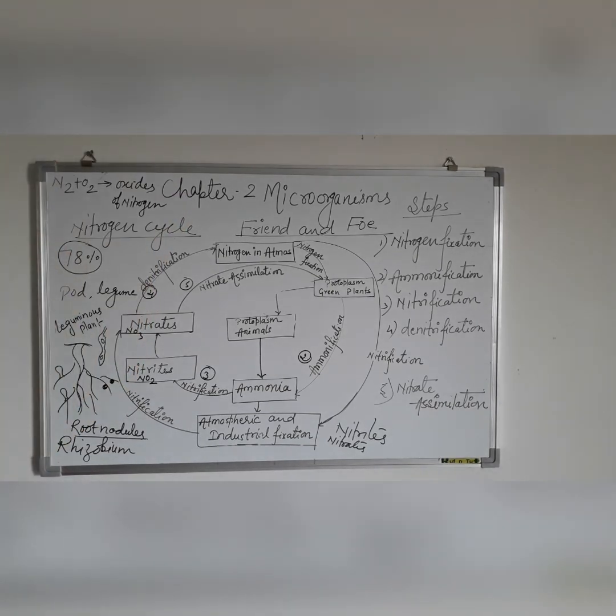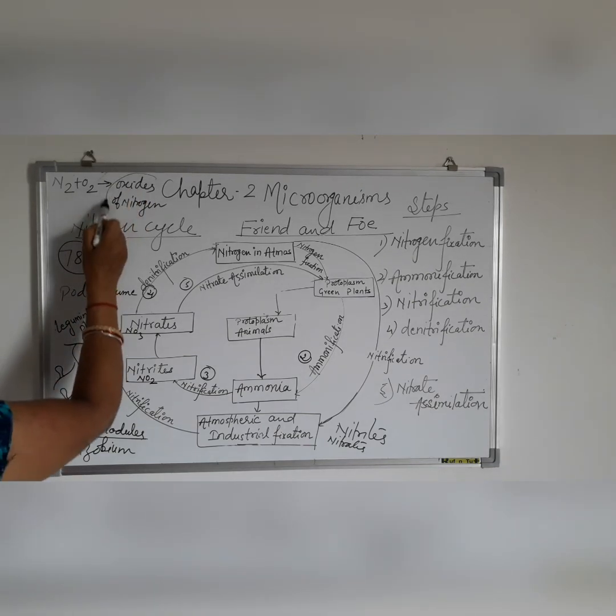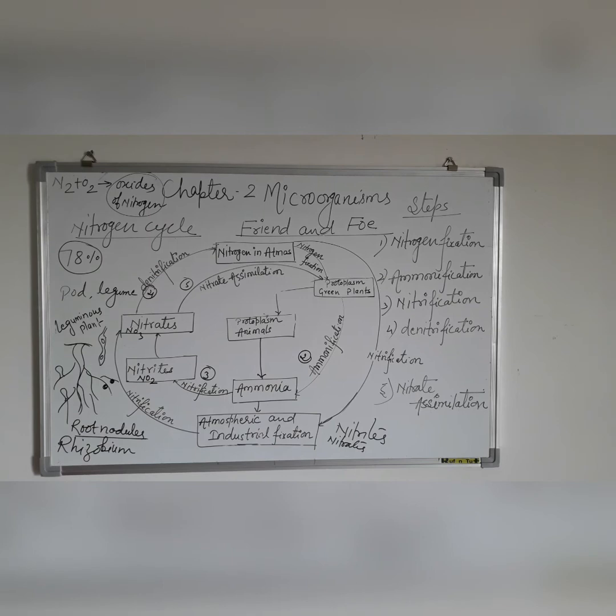Later the oxides of nitrogen dissolve in rainwater. After dissolving in rainwater, they pass down to soil and water bodies as nitrites and nitrates. So the main aim is the conversion into nitrites and nitrates.